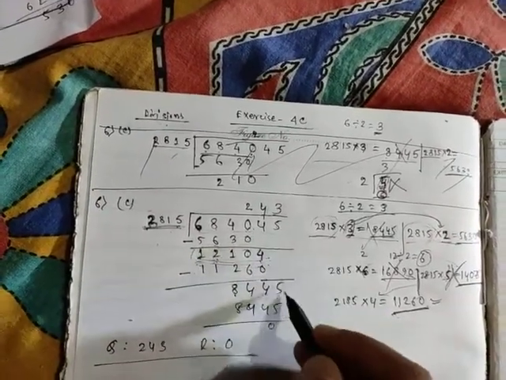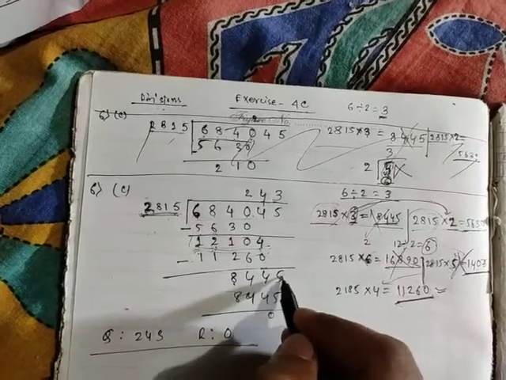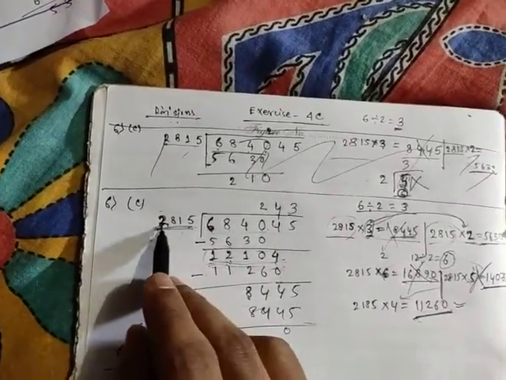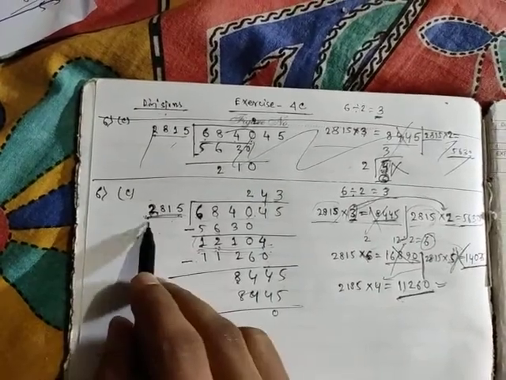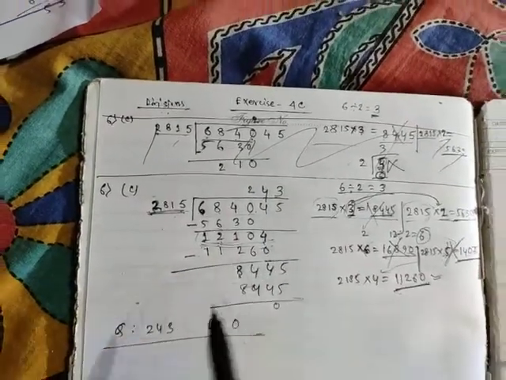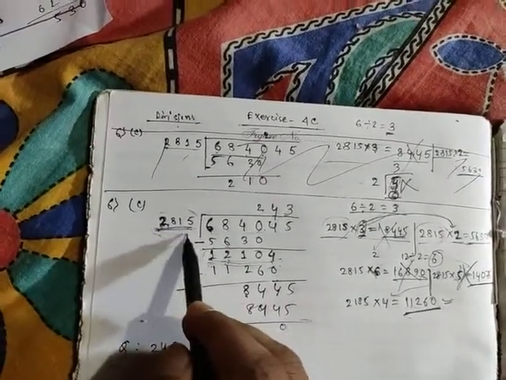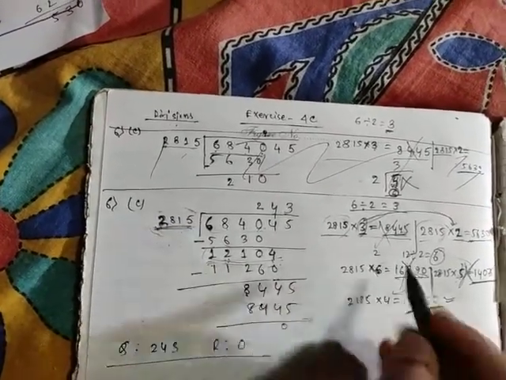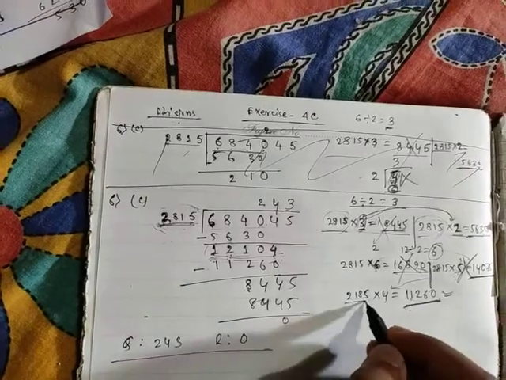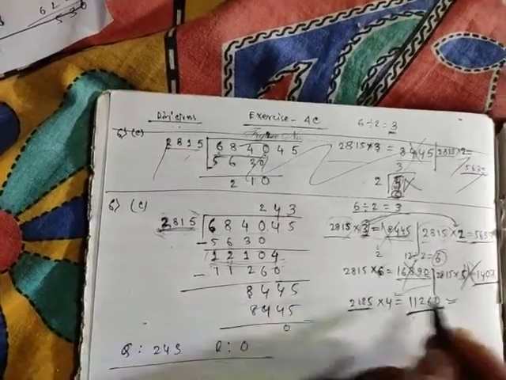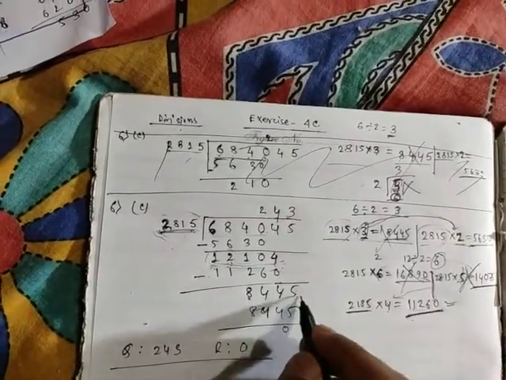Again bring down 5. Now the same process. 8 is divisible by 2 by 4. So we have to multiply 4 with the whole number. After multiplying, we will get a number greater than this number.